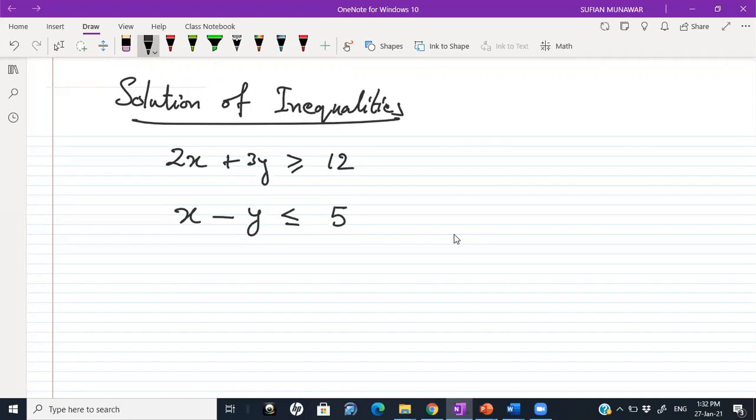Now we have to get the solution of these two simultaneous linear inequalities.